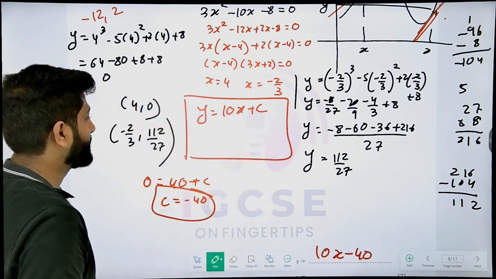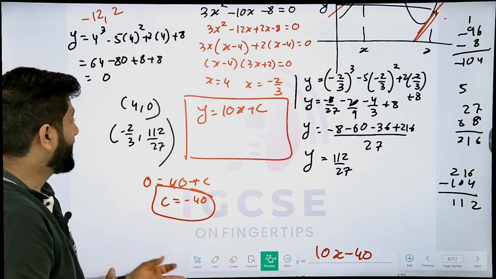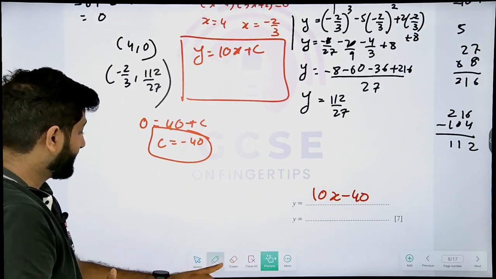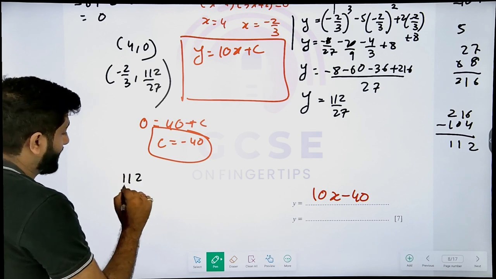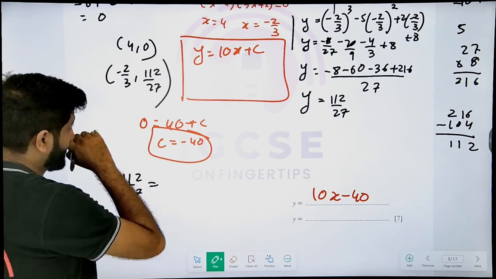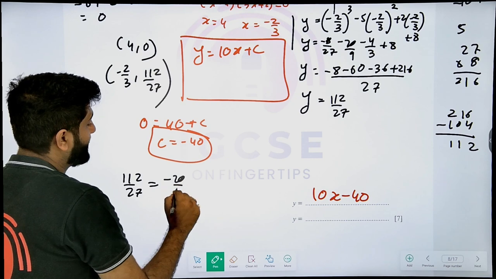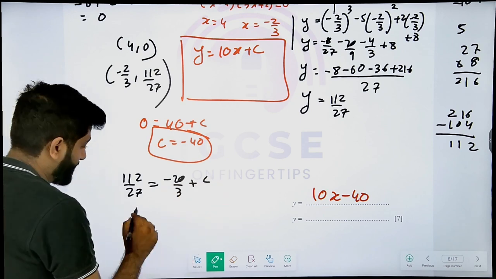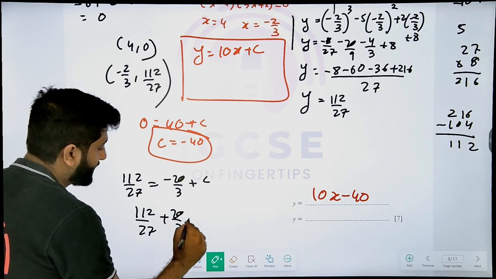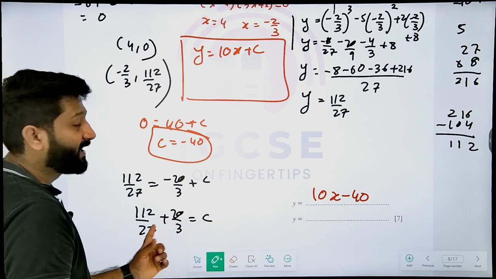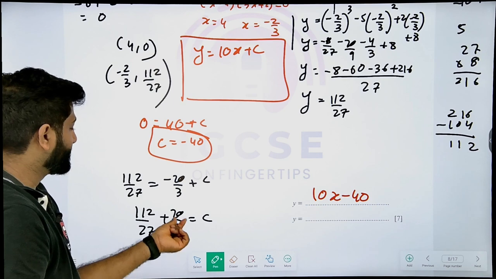And for the other equation, again I'll have to substitute x as minus 2 by 3 and y as 112 by 27. So 112 by 27 equals minus 20 by 3 plus c. So 112 by 27 plus 20 by 3 equals c. Again, I'll have to take the LCM. So I'll multiply this with 9 and even this with 9.